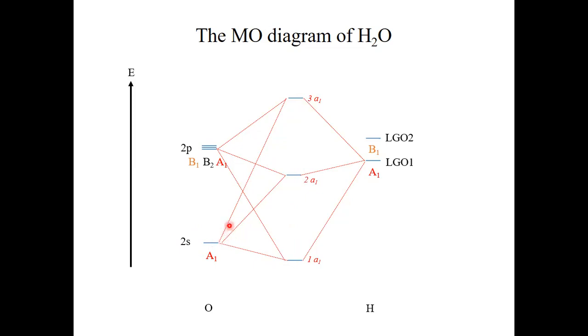Then all three orbitals here have an influence from the 2p orbital, which has the symmetry type A1, as you can see here, here, and here. And all three orbitals here have an influence from the ligand group orbital, which has that symmetry type A1, as you can see from these dotted lines.